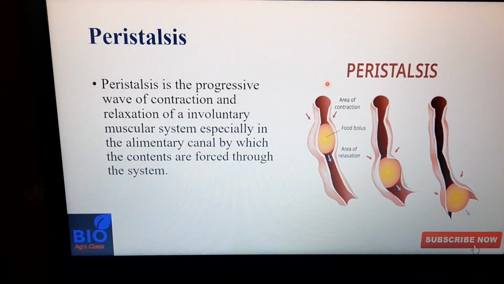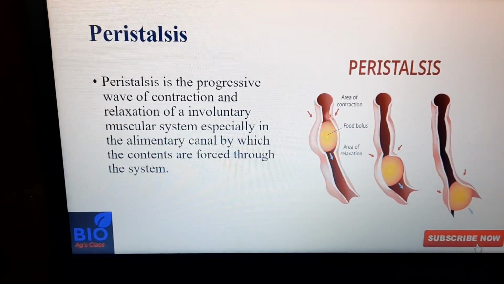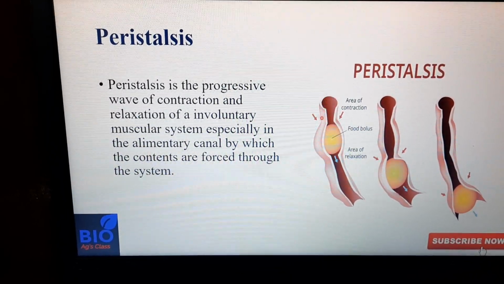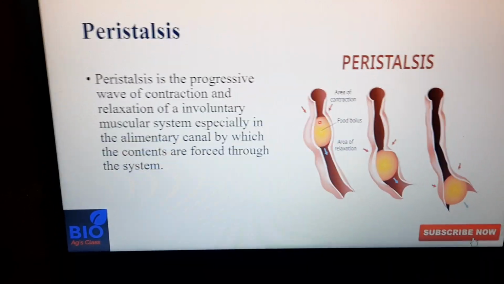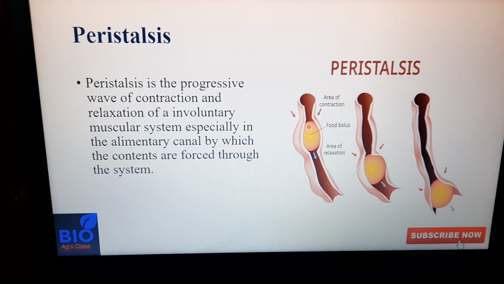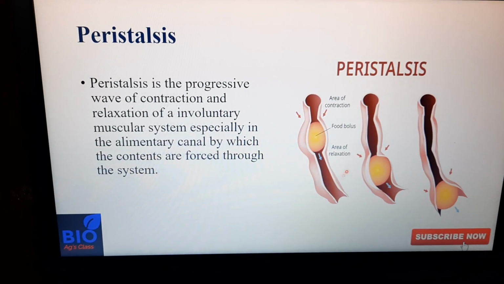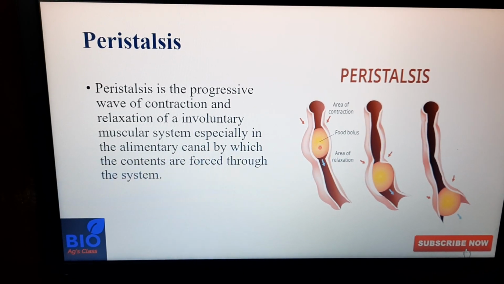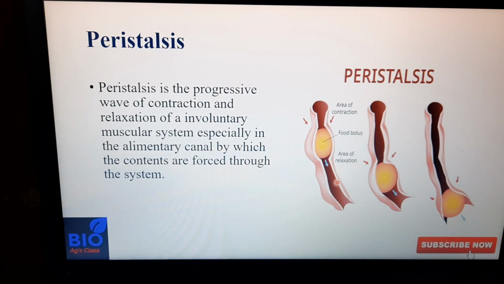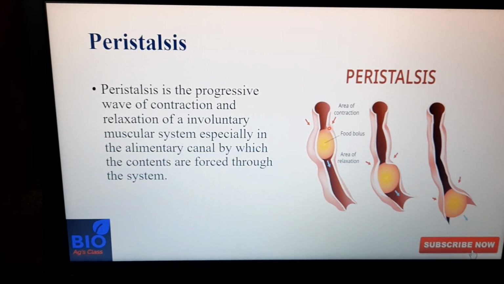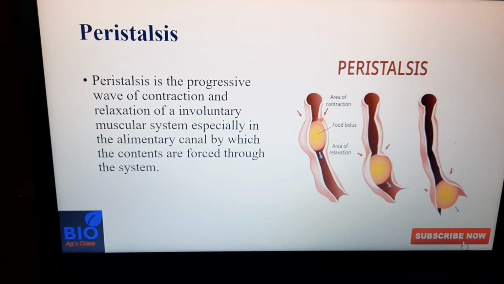As you know, when food goes down our alimentary canal, the involuntary muscles press the food bolus so hard that the food is broken down into very small pieces, then it goes to the stomach. The contraction and relaxation of the alimentary canal when the food passes through it, that is actually called peristalsis.